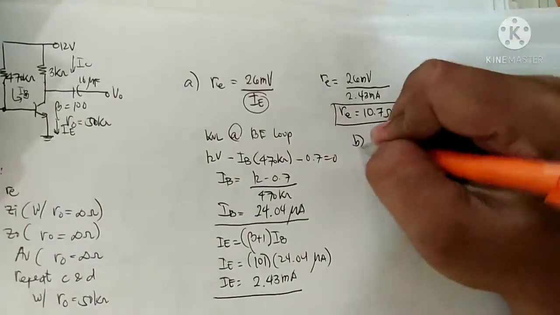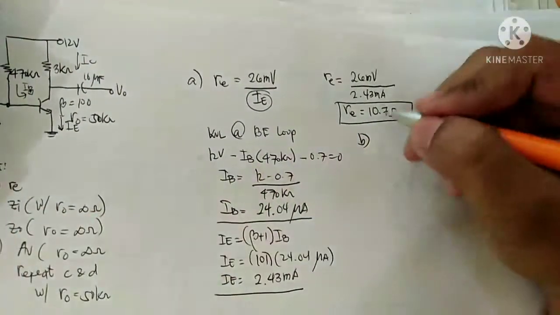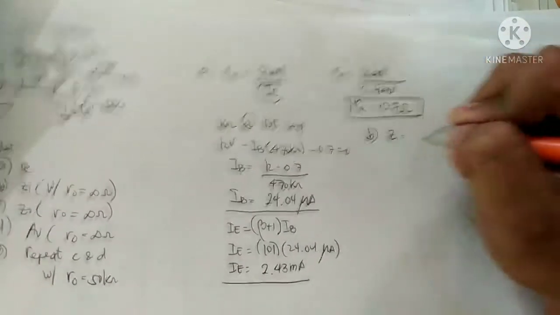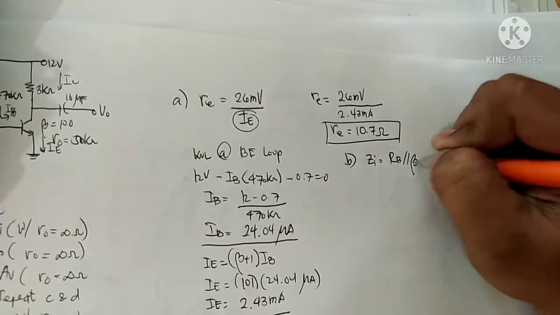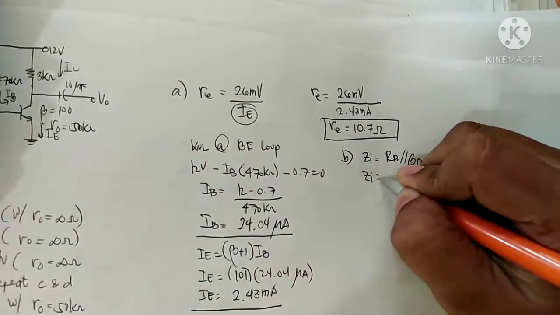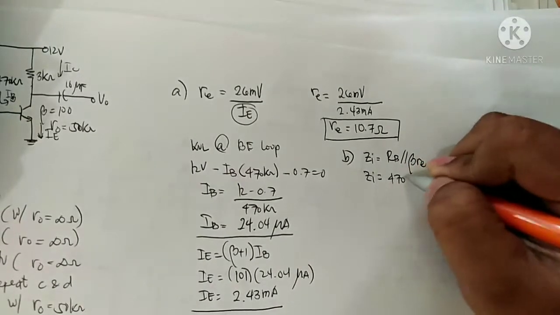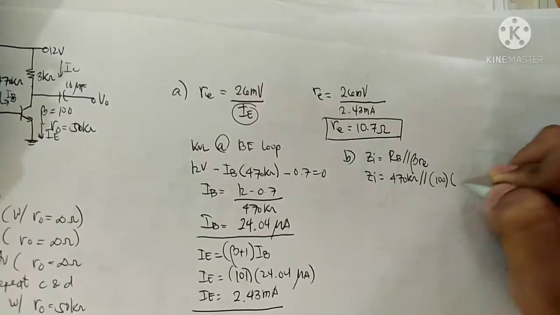Let's continue. You now have R sub E and ZI. The formula for ZI is RB parallel to beta RE. So ZI is RB, 470K, parallel to 100 times 10.7.